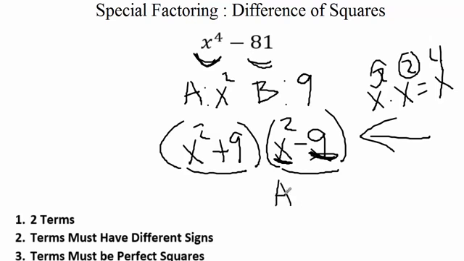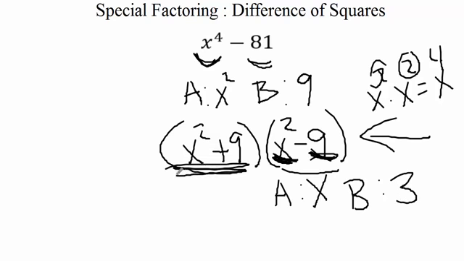And hey, these happen to be perfect squares because, well, x times x is x squared, and 3 times 3 is 9. So one of our factors happened to be a factor that could be further factored using the difference of squares again.